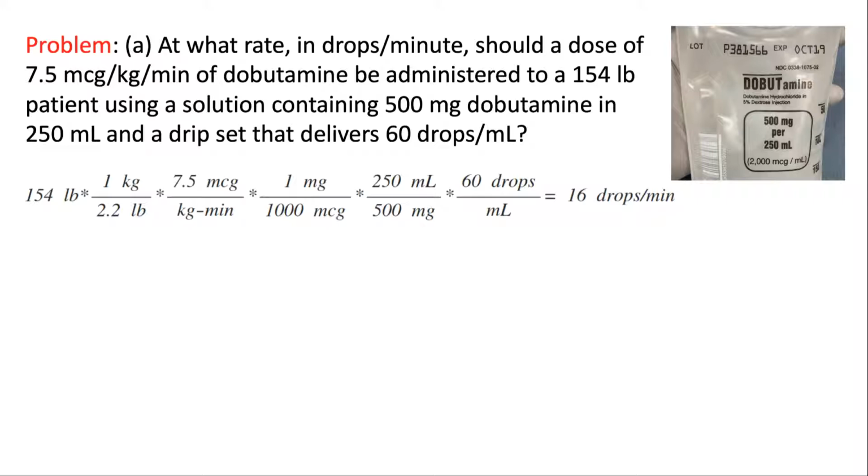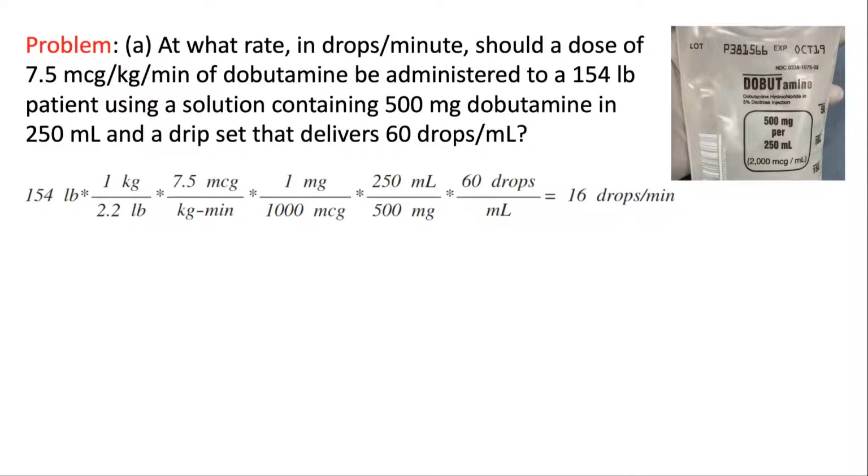The last step is, though, that the volume we wanted for this question was drops. So let's convert milliliters to drops by multiplying by the fact that the IV tubing set I use has 60 drops per milliliter. That way the units of milliliters cancel, and you can see my final volume on top would be drops, and I still have my minutes from before.